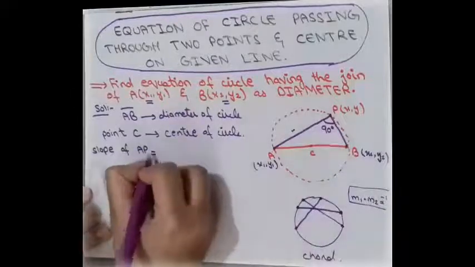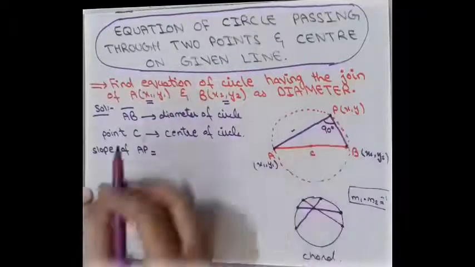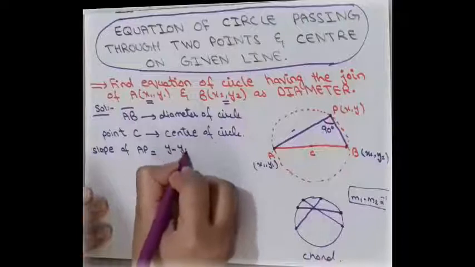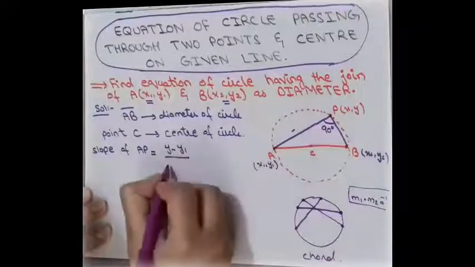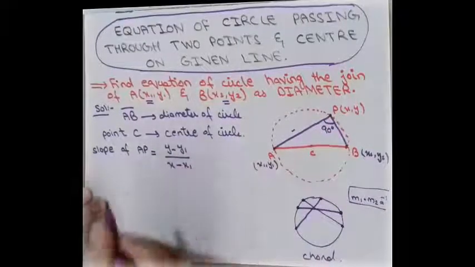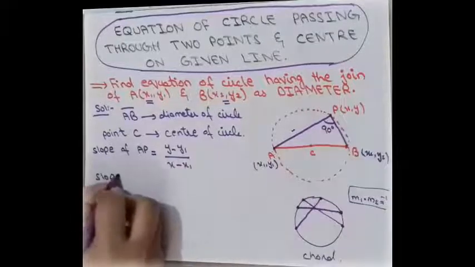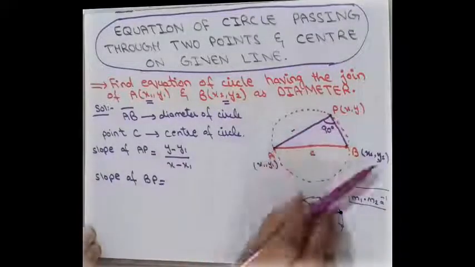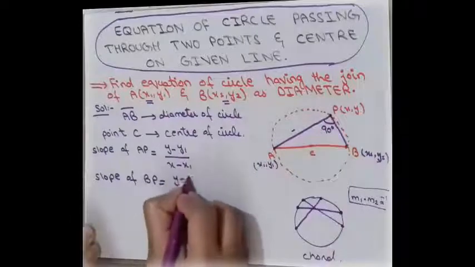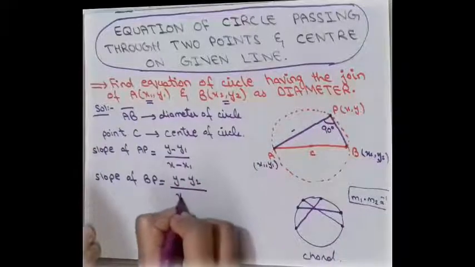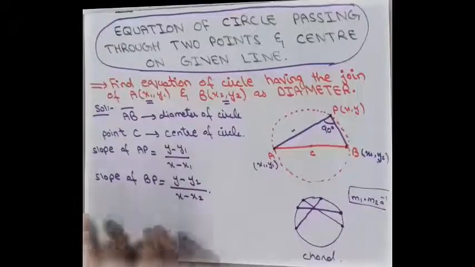The slope of AP is y minus y1 divided by x minus x1, and in a similar way the slope of BP is y minus y2 divided by x minus x2, using the formula of the slope.